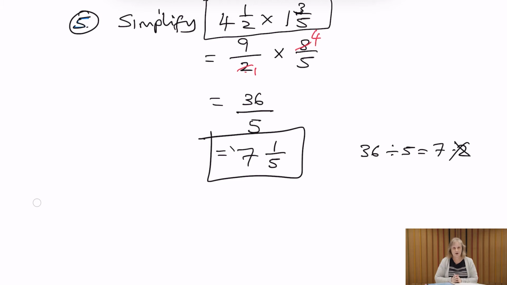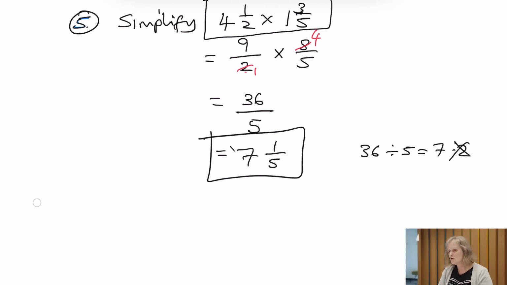And that's all we need to do. Multiplication is much easier. We do not need a common denominator when we're multiplying and therefore dividing, so we haven't got that step, which makes multiplication of fractions a lot easier.